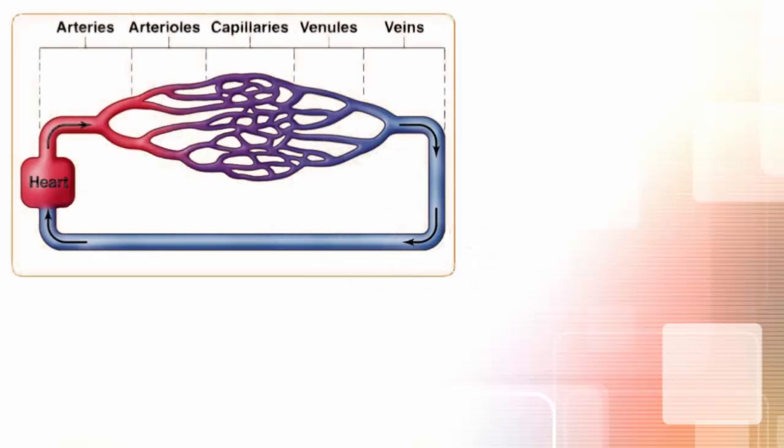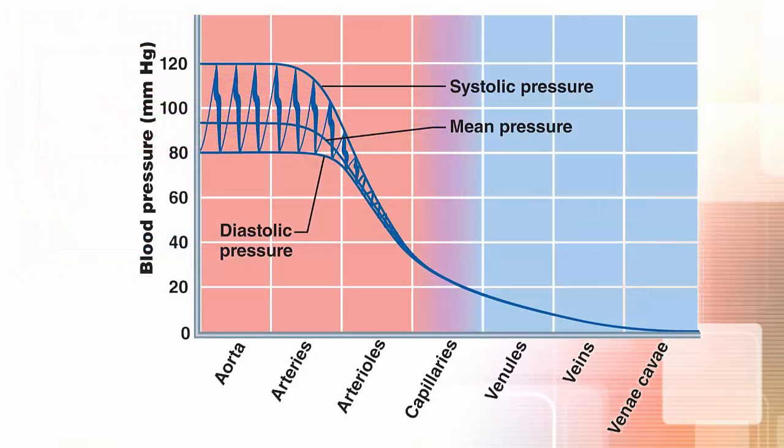Let's simplify this concept. For blood to make the trip through the entire circuit from the heart and back to the heart, the pressure at the end of the trip must be less than the pressure before it. Make sense? And that's what this picture from your textbook shows us. We're going to focus on mean arterial pressure, or MAP, which you will learn about in lecture.